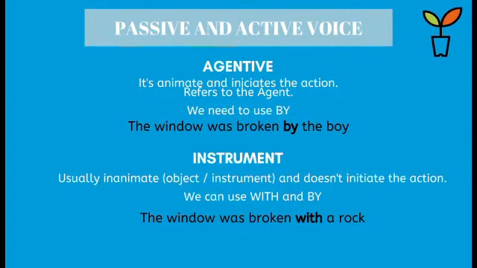For example, you can say, can you open it with a knife? Or can you try to play this with the pad? So be careful about it. Remember, by is for people and with is for objects.